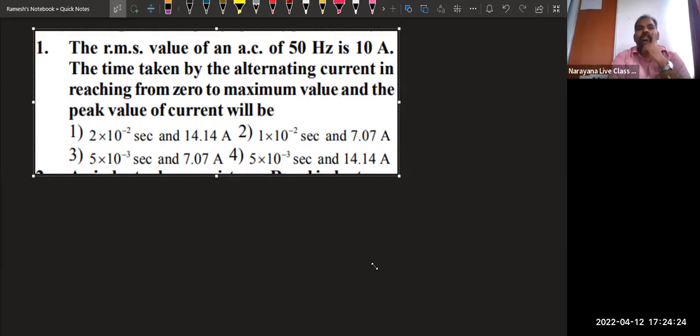Then the time taken by the alternating current in reaching from 0 to the maximum value, how much is it asking? Two questions are there. It is asking for the time, and it is asking for the peak current also.